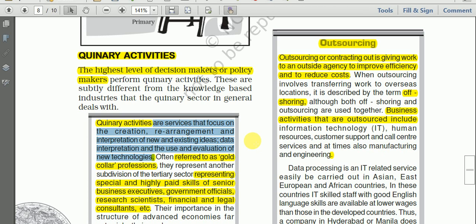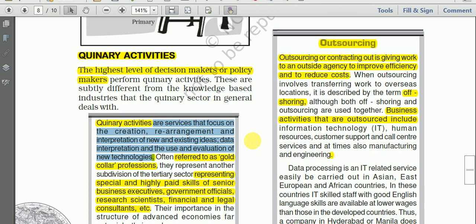Okay, so quinary activities are services that focus on the creation, then rearrangement and interpretation of new and existing ideas. See, we can invent new ideas, new concepts, new scientific laws and theories. At the same time, we also can interpret the existing ideas.